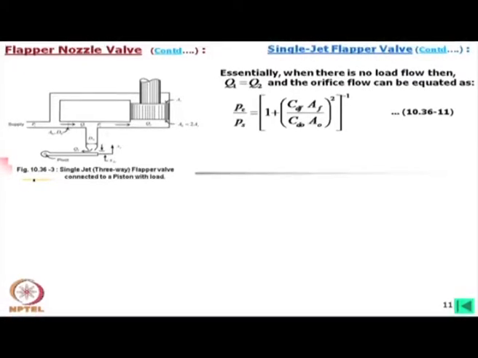In other words, if this is not moving, that means we want that it should not move, but still this is open, then the whole oil coming in should go out. In that condition, Q1 is equal to Q2, and P_c by P_s, if we write it that way, will be expressed in this form.